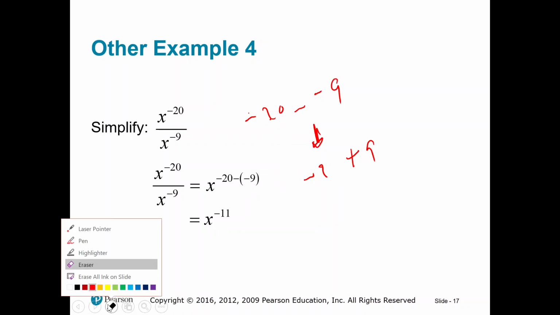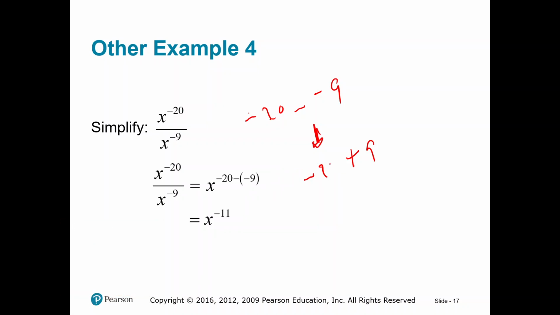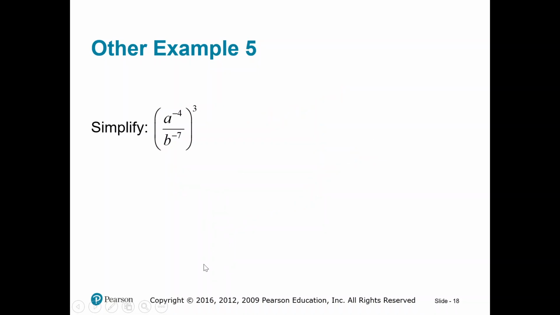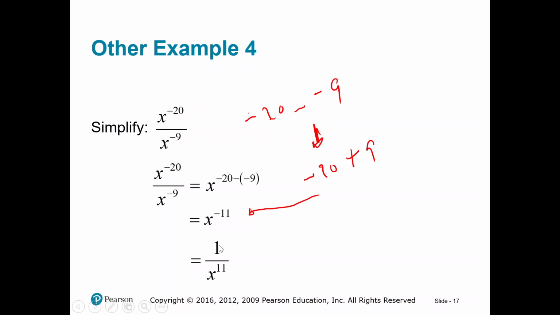And that's why we have the negative 11. Okay. So you have to be careful with the negative. Again, I don't want the negative exponents, and so I have to flip, and the answer is then 1 over x to the 11.